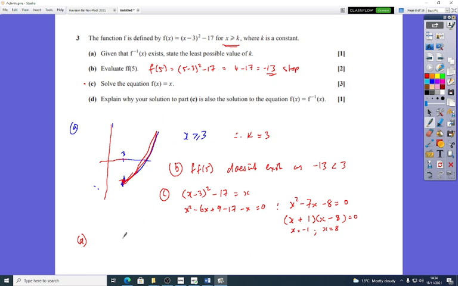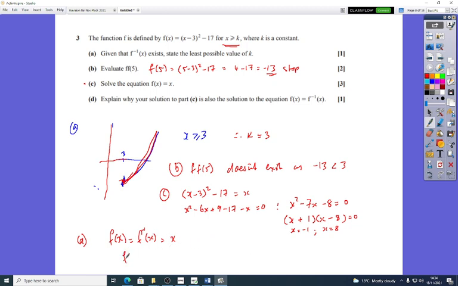Well, the simple reason is that you just need to do that when f of x equals f inverse. Okay, they intersect at the y equals x line. So where they intersect, all these three intersect, okay?